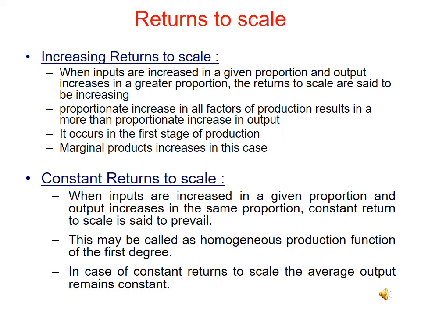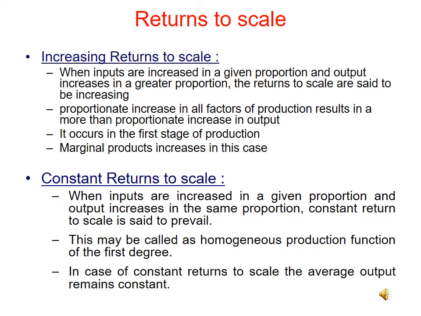So next is constant returns to scale. As the name suggests, when all the inputs are increased in a given fixed proportion, the output increases in the same proportion. So when all the inputs are increased in a given proportion and output also increases in the same proportion, we call that situation constant returns to scale.